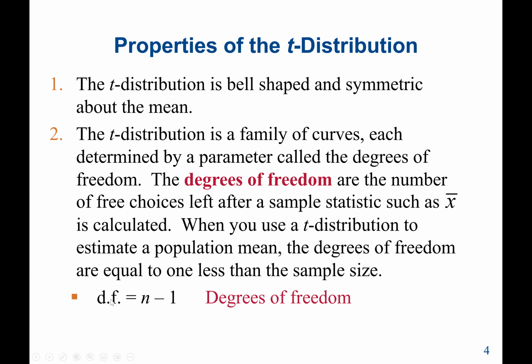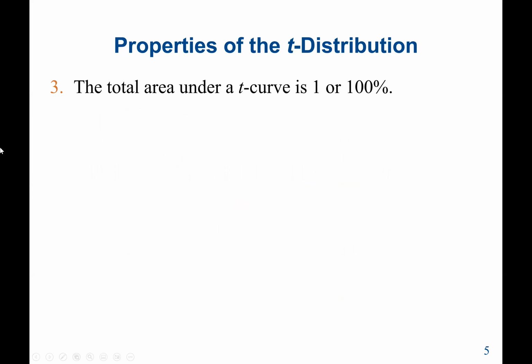And we're normally going to use the degrees of freedom when we are using the t-table to get the p-value or the probability value. So property number 3 says the total area under a t-curve is always 1, or 100%.